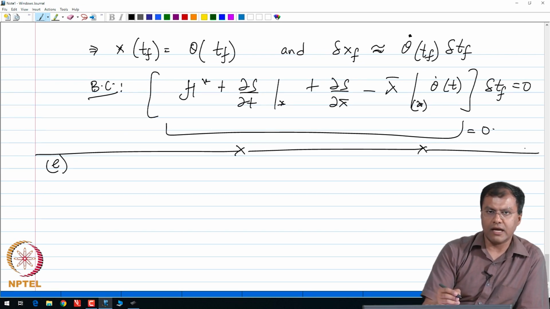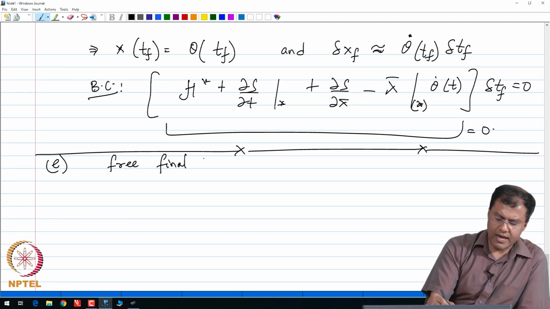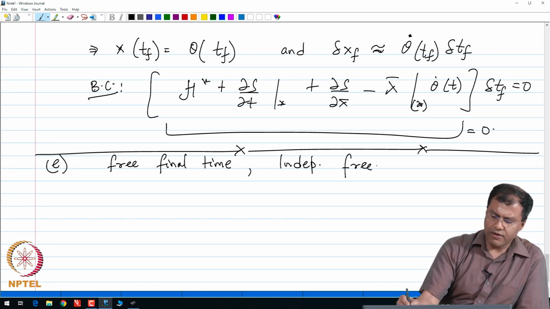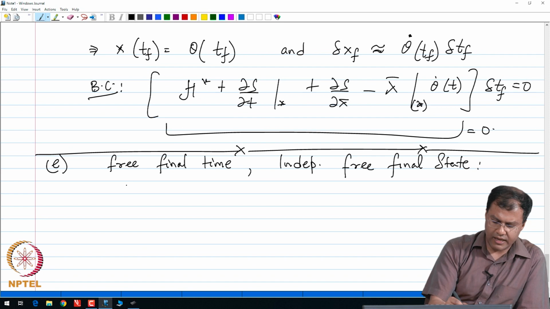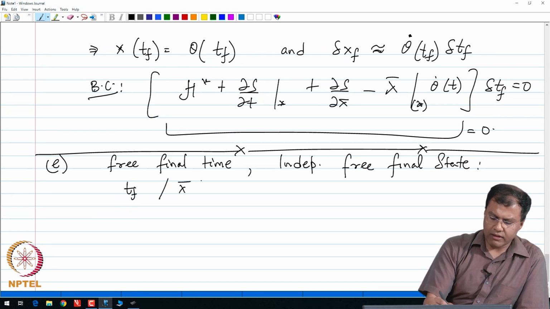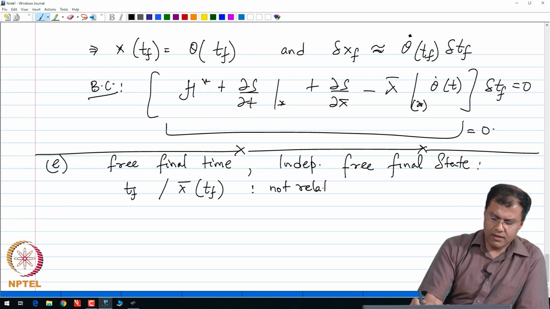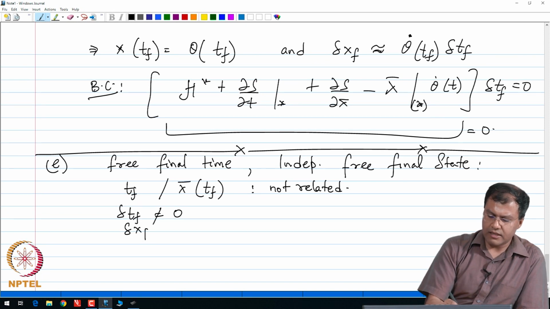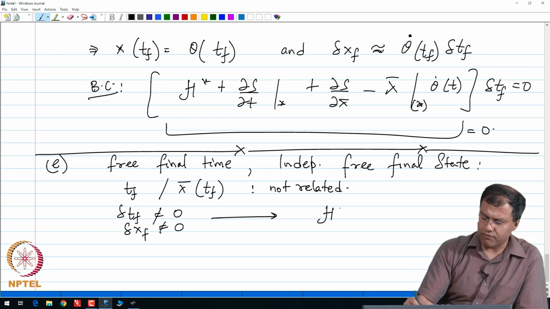And finally, one last type of boundary condition that I have is free final state and free final time, such that they are independently moving. So, free final time and independent free final state. If T f and x of T f are not related, then neither variation of time nor variation in the state curve are 0, and so my natural boundary condition will give me two sets of constraints.